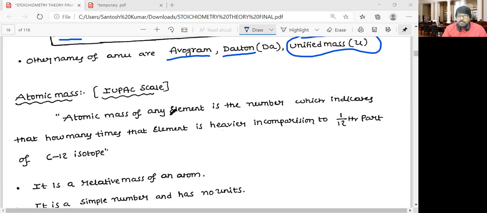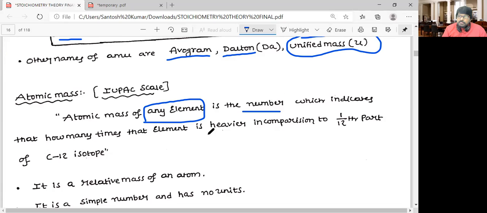So atomic mass of any element in the periodic table is a number. Oxygen atomic mass 16, sodium atomic mass 23, helium atomic mass 4, calcium atomic mass 40, potassium atomic mass 39. So what are these things? Atomic mass of any element is a number.